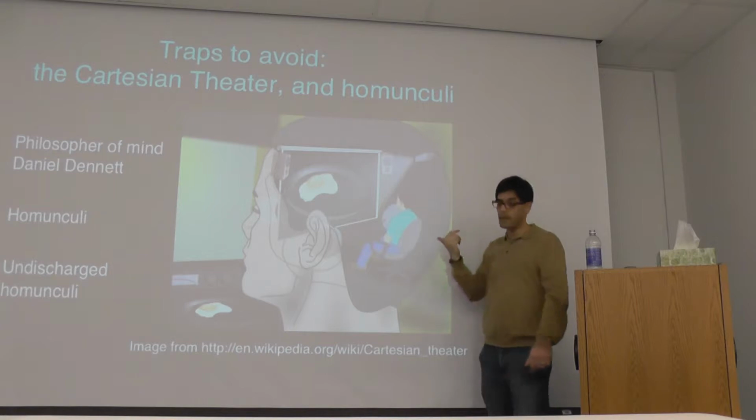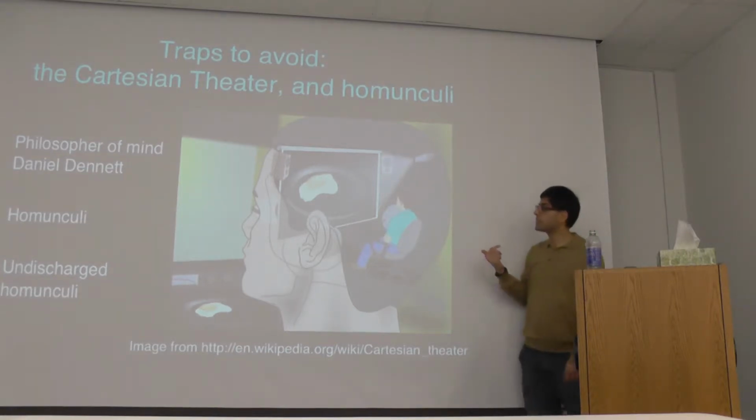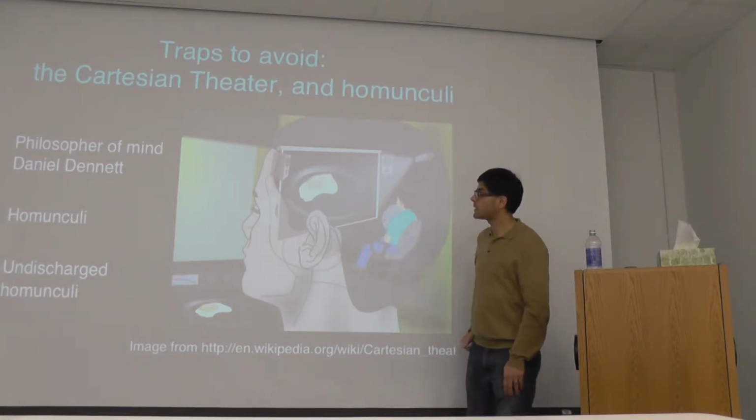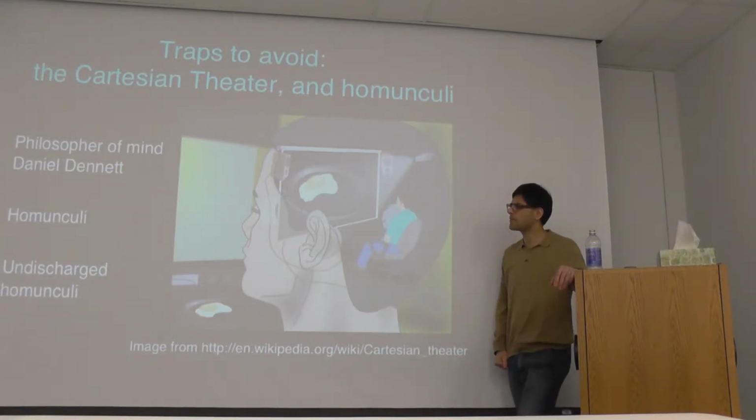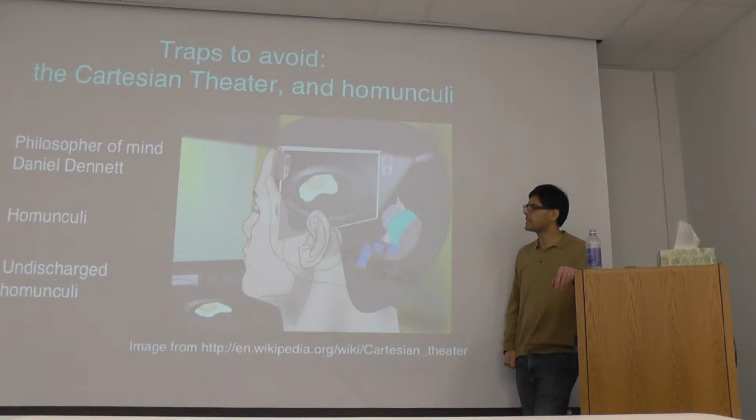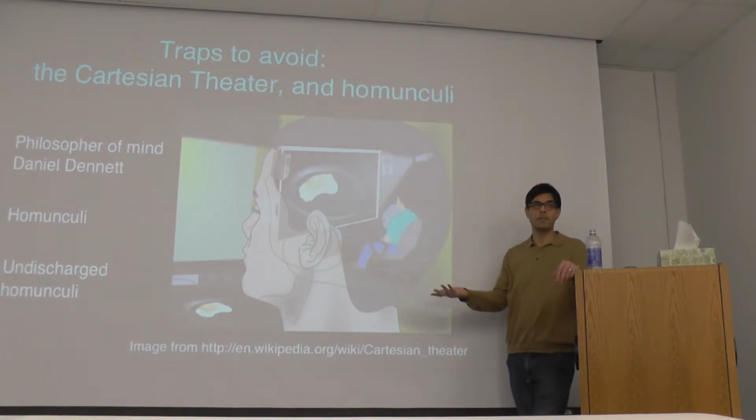And so the term that you'll see, probably, I don't know if you've seen it in any of the papers that we've read so far, maybe not, but you'll see it if you read enough cognitive science, is this term homunculi, which is Latin for little man. Okay?